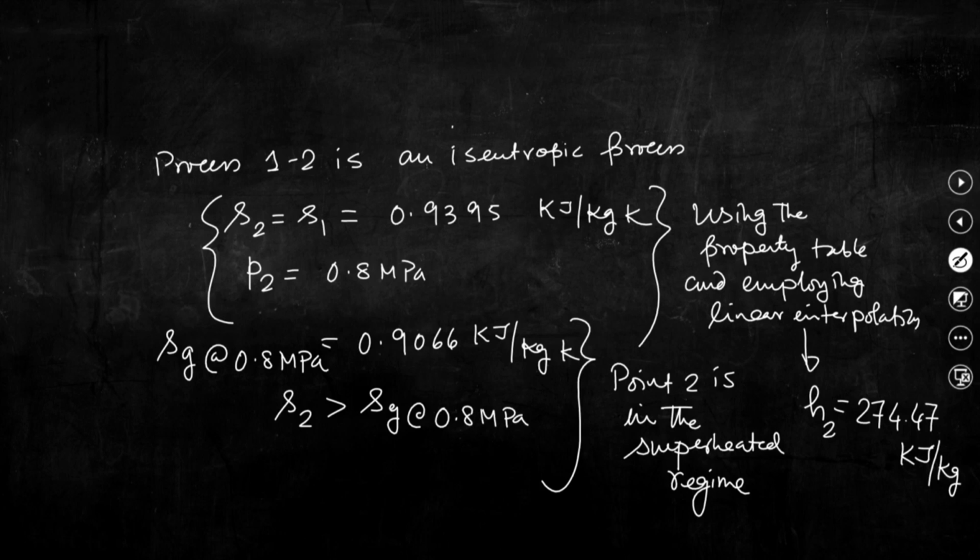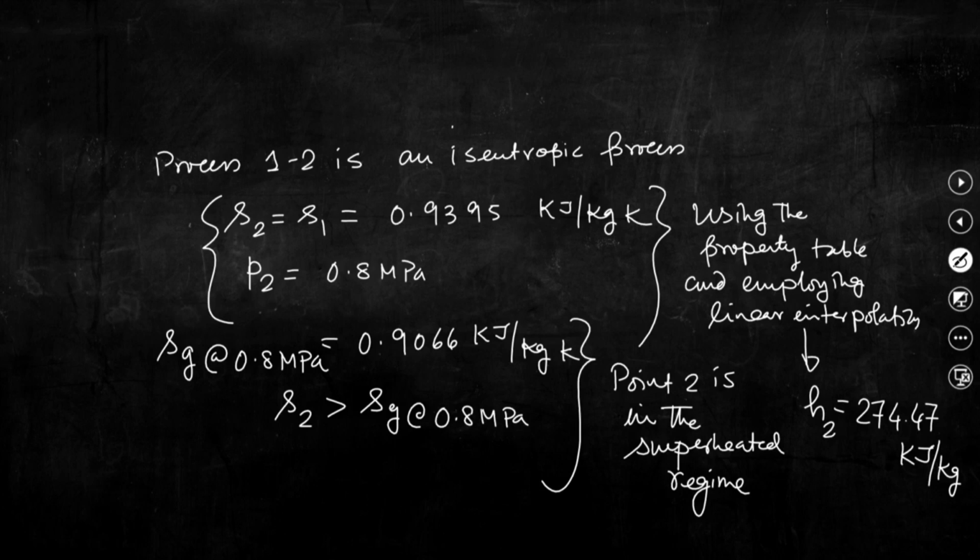I would like to tell you one important point. Certainly we can get it from the property table, there is no doubt about it, but here the pressure given is 0.8 MPa. It may so happen that we may need to calculate enthalpy at point 2 corresponding to a pressure that may not be 0.8 MPa, that may be 0.815, 0.8075, like this. For that, you may not get data tabulated in the table.